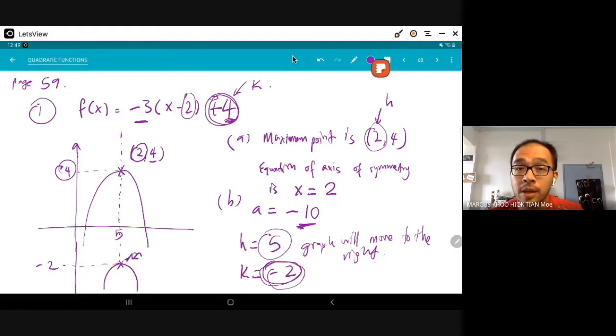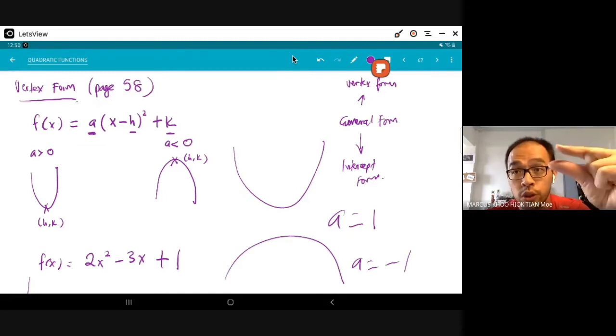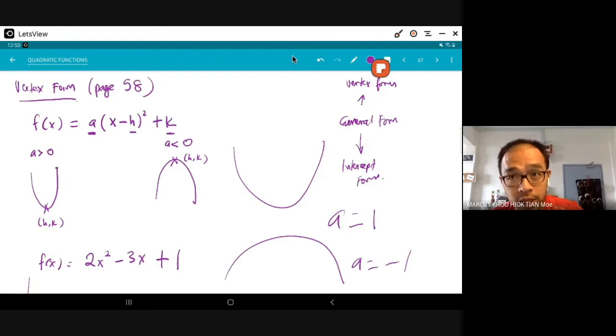So for the vertex form, remember this. Number 1, the value of A tells you whether the graph is fat or thin. The bigger the value of A, the thinner it will be. Number 2, the value of H tells us whether the graph is going to go to the right or to the left.